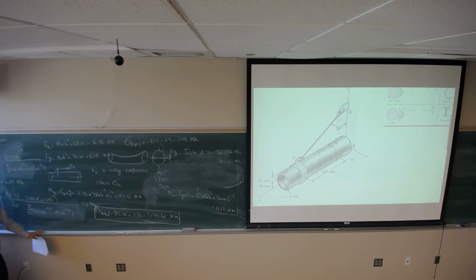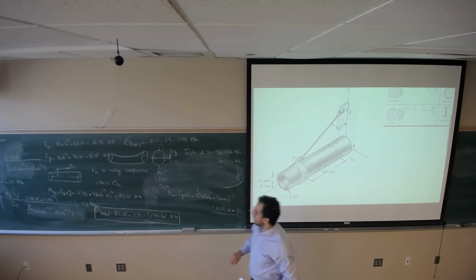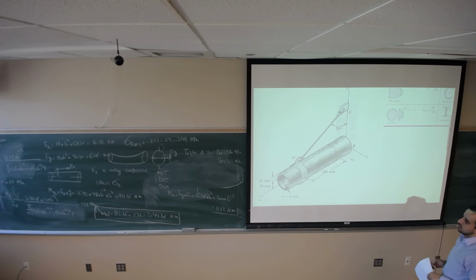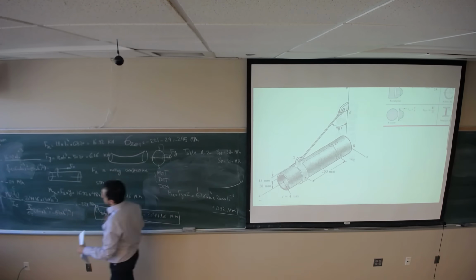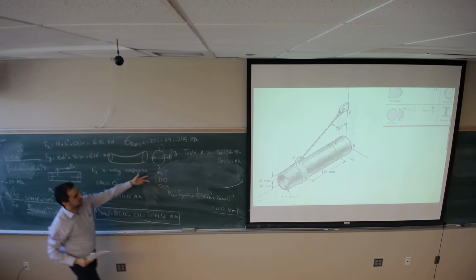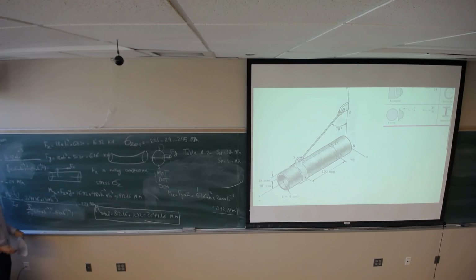If you want to be more conservative, you can use this. For doing the analysis, we typically use the distortion energy theory. But in this specific problem, you will get the same answer if you apply maximum shear stress theory or distortion energy theory.